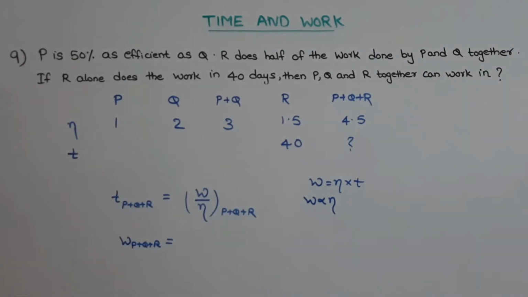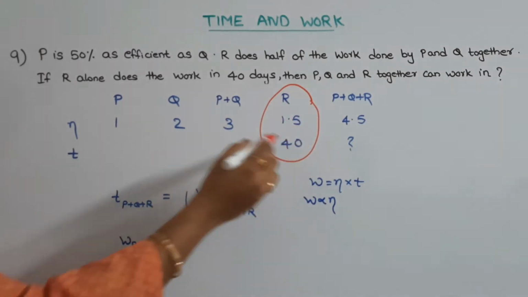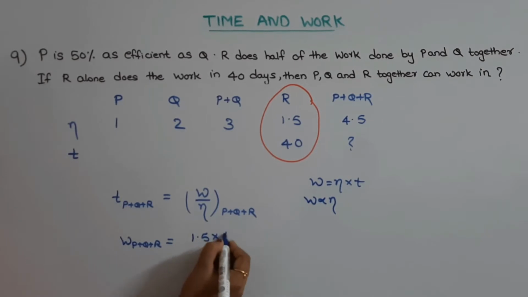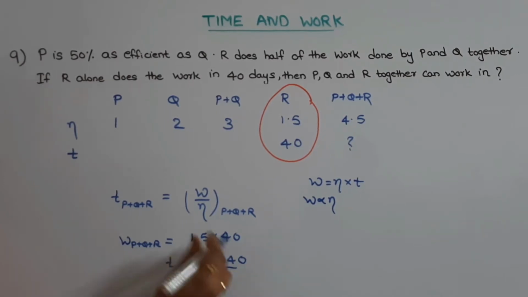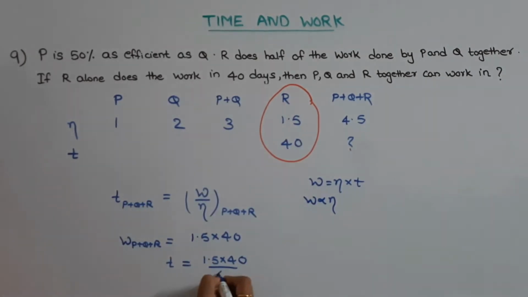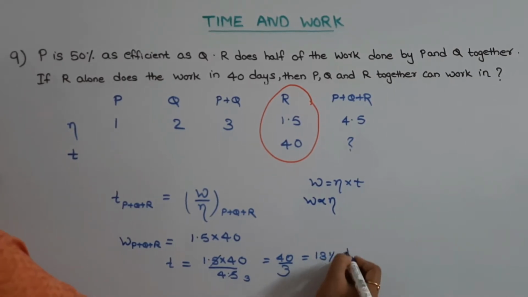Hence total work done will be equal to this efficiency into this time period, that is 1.5 into 40. Hence the time taken will be equal to 1.5 into 40 divided by the total efficiency of P, Q and R, that is 4.5. So that will be equal to 40 divided by 3, or we can write it as 13 1/3 days. So this is the answer.